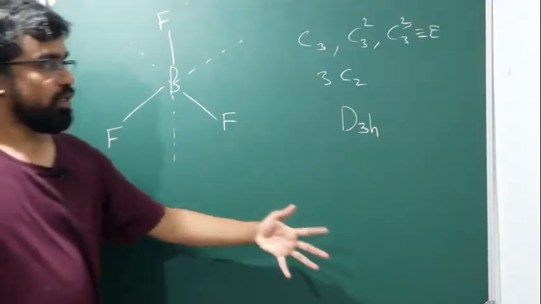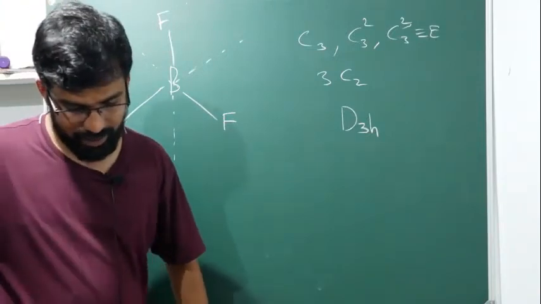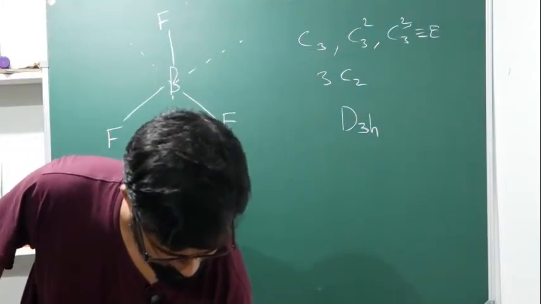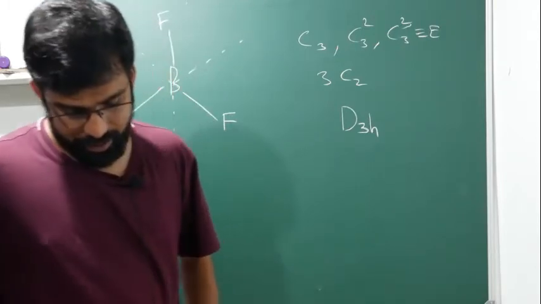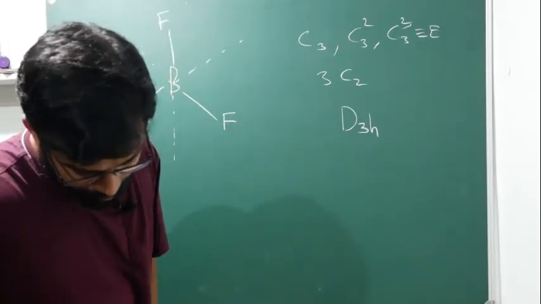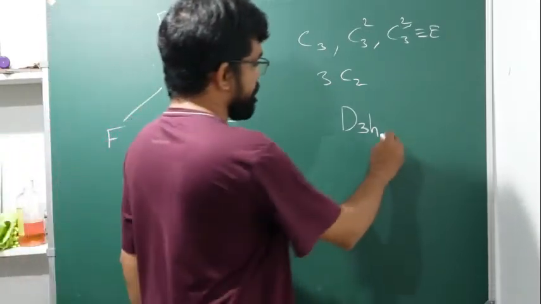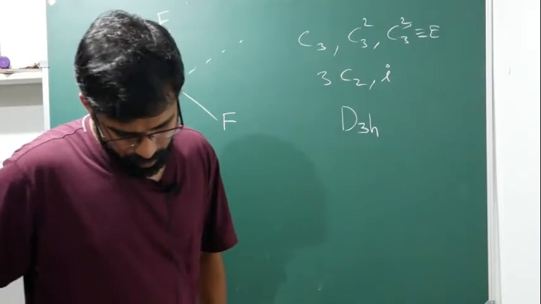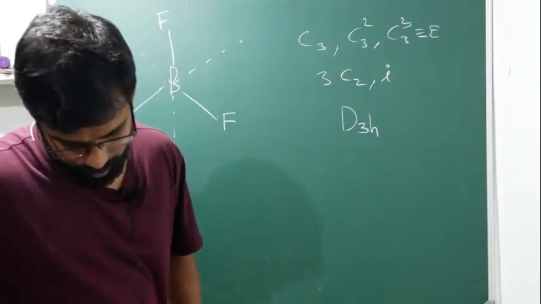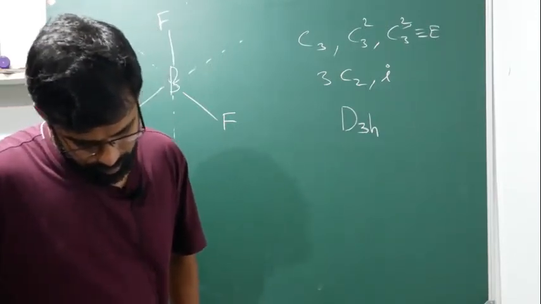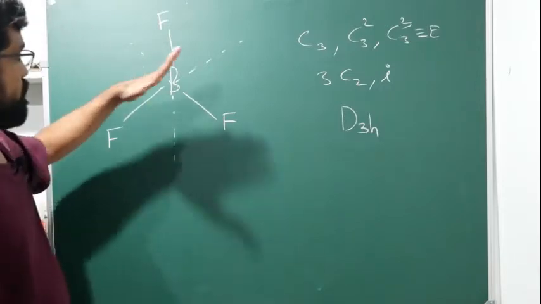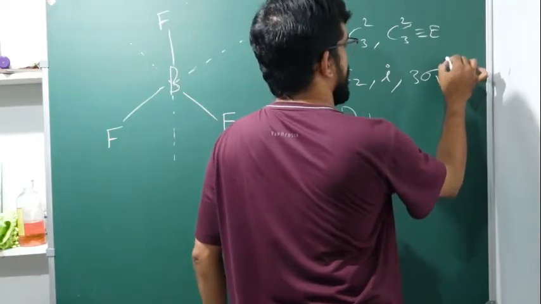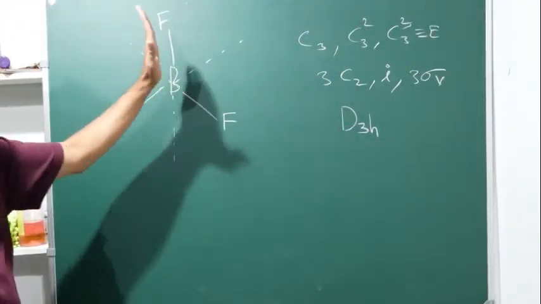You can say that it also has I. There are 3 sigma V's, that is 1, 2, 3.